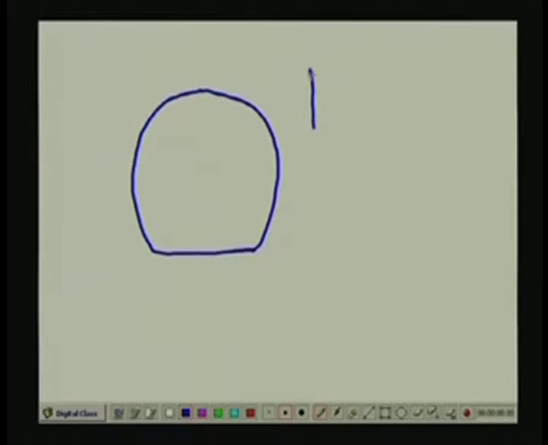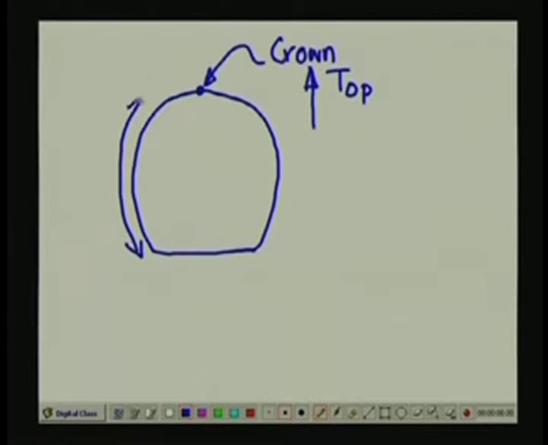So, let us say you have got a tunnel like this, cross section. I am drawing the cross section of the tunnel. So, this is towards the top. So, this point is called the crown of the tunnel, and this is the side wall that I alluded to in the previous slide.